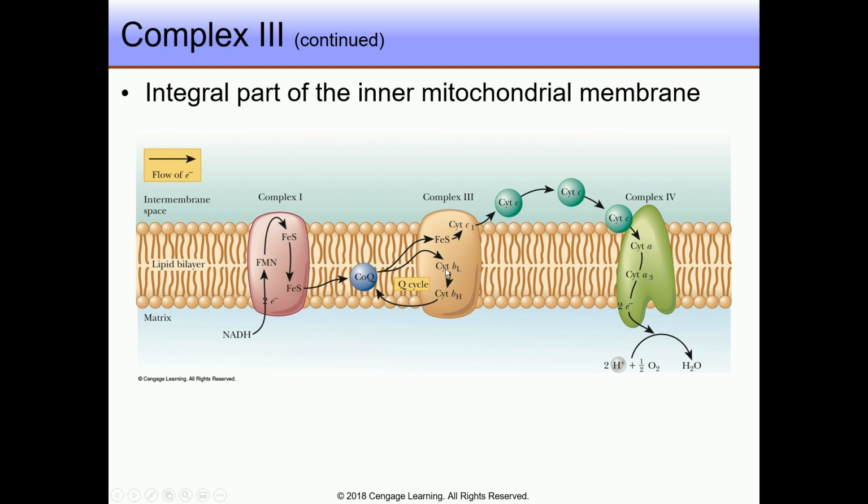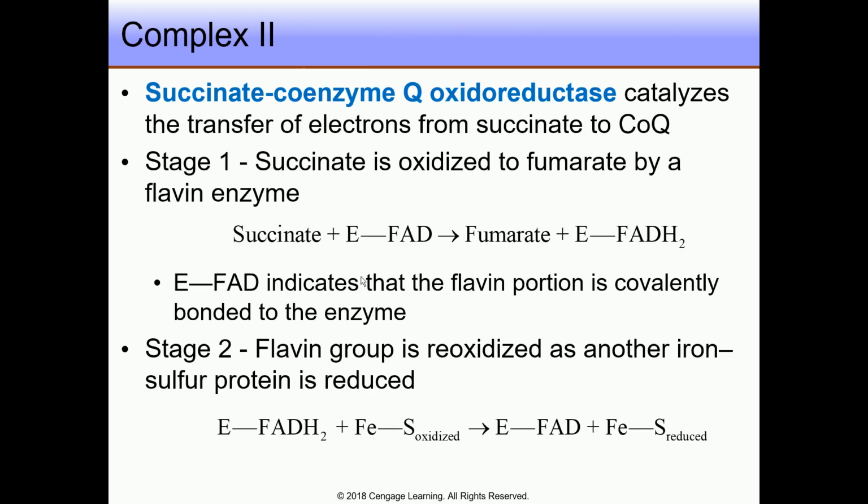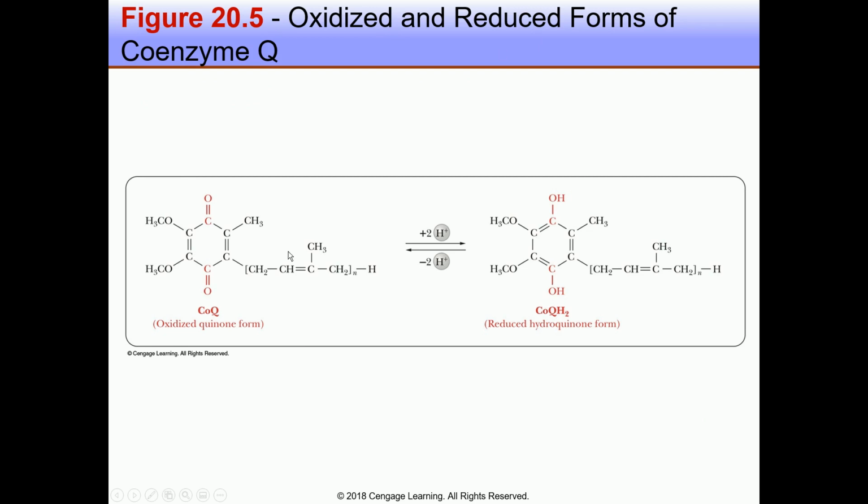So this is complex number 3, and you can see these cytochromes here. There is a cytochrome C1, there are iron sulfur proteins, and also there is cytochrome B, which can be cytochrome Bl or cytochrome Bh, and the electrons can be passed in a cyclic way, and this is called the Q cycle.